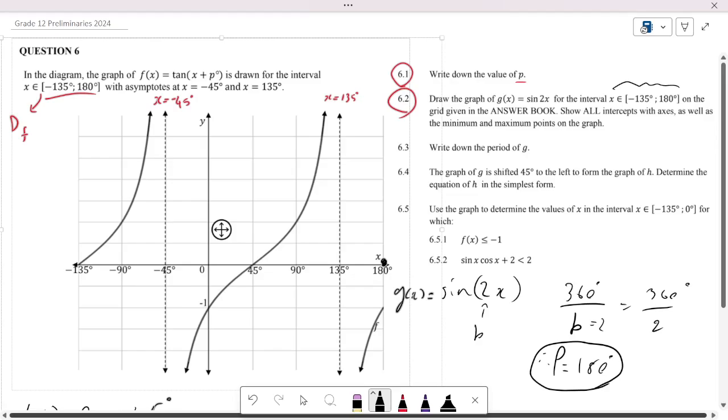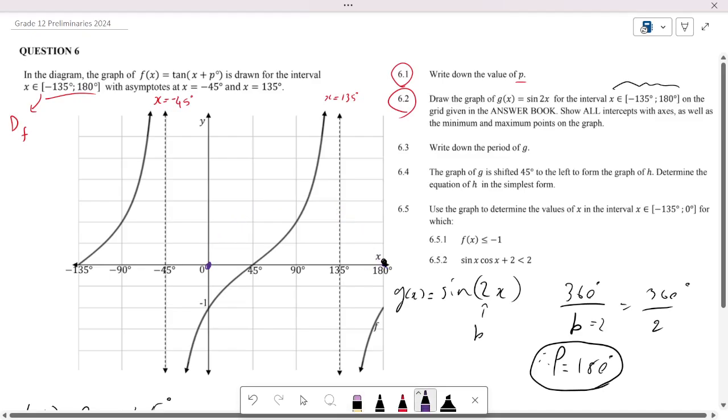Let me do it in a different color, I'm doing it in purple. So let's say we're starting at 0, where we would normally have 180 degrees. Remember, normally our sine graph would start here and then move all the way like that.